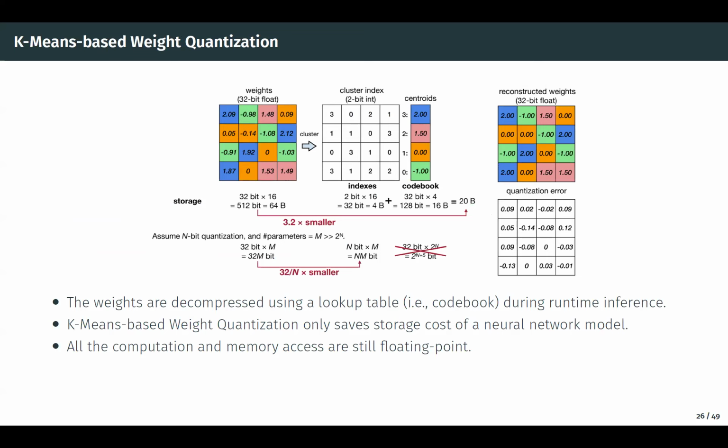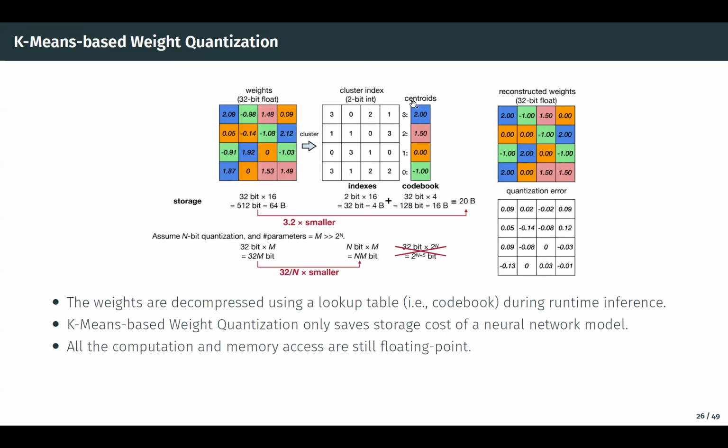An example of this is the k-means based weight quantization. What we do here is, if we have this tensor, we bundle up based on k. So we can say for every two closely related weights, we find one that can represent these two. In this case, we are using 2 bits.